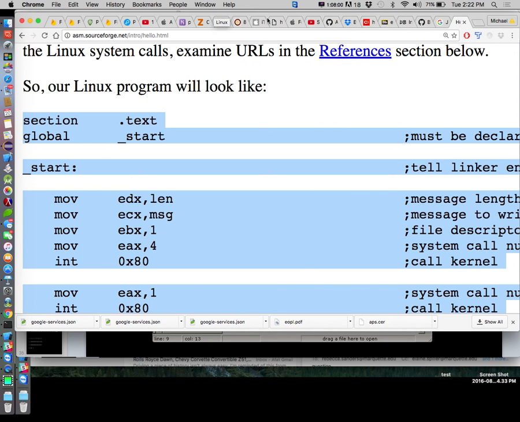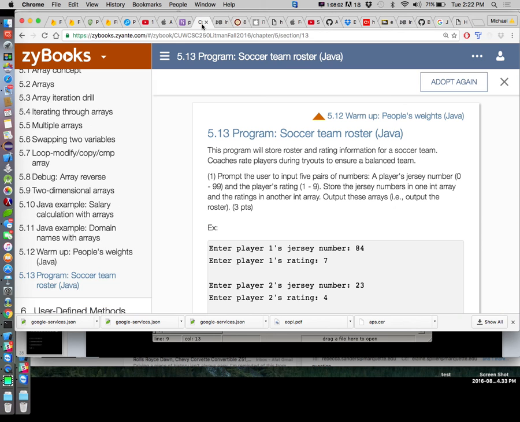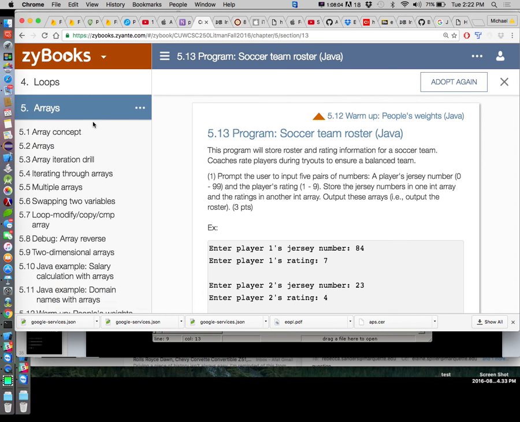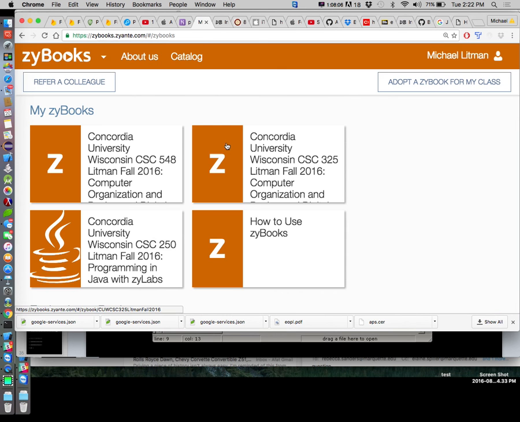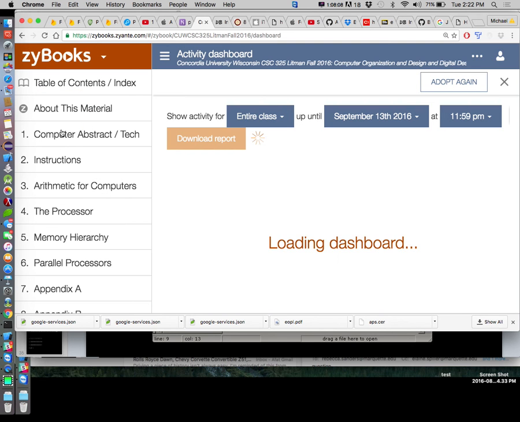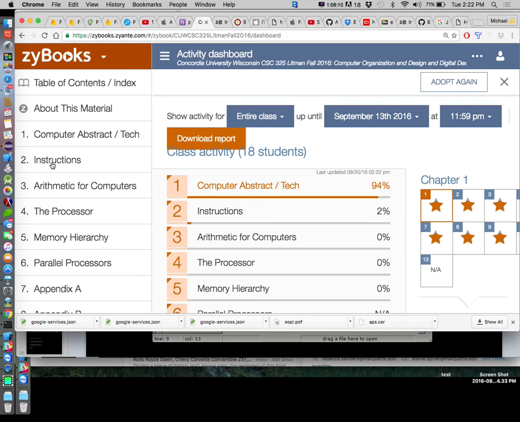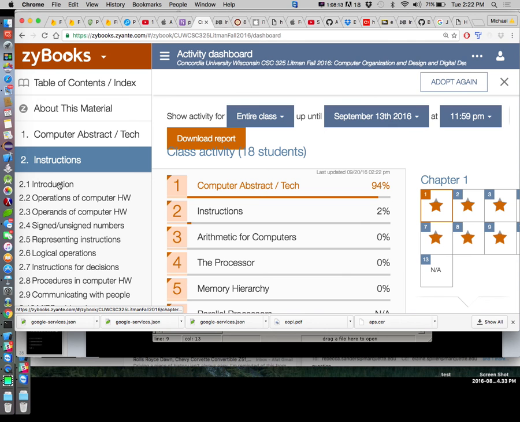All right, so let's look at the book here. That's not our book. Okay, so we are on, I think your last reading assignment was through 2.3, correct?